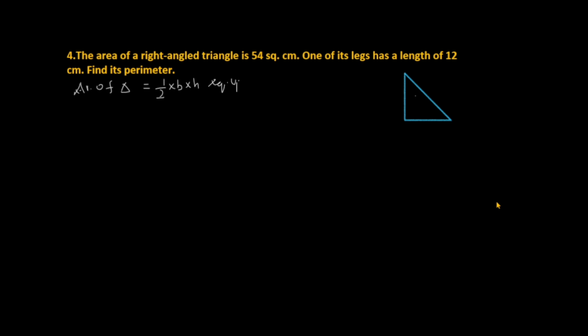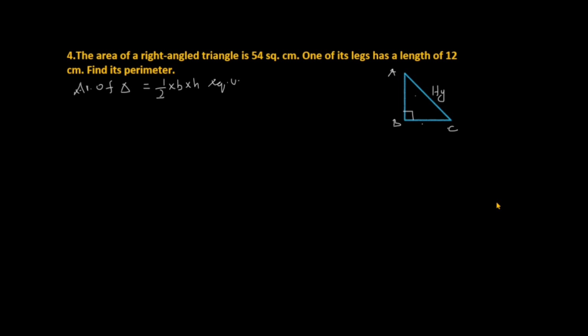So here it is given 54 and one leg, say ABC is a right angle triangle. Here AB and BC are legs of the triangle. This is the perpendicular. So opposite to the right angle is the hypotenuse. AC is the hypotenuse. So AB is one leg, BC is another leg.